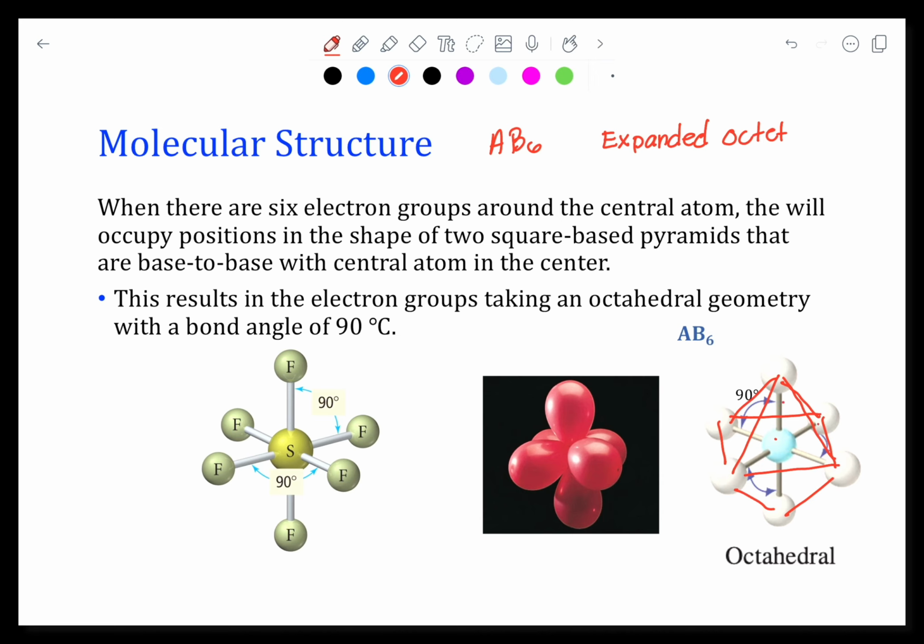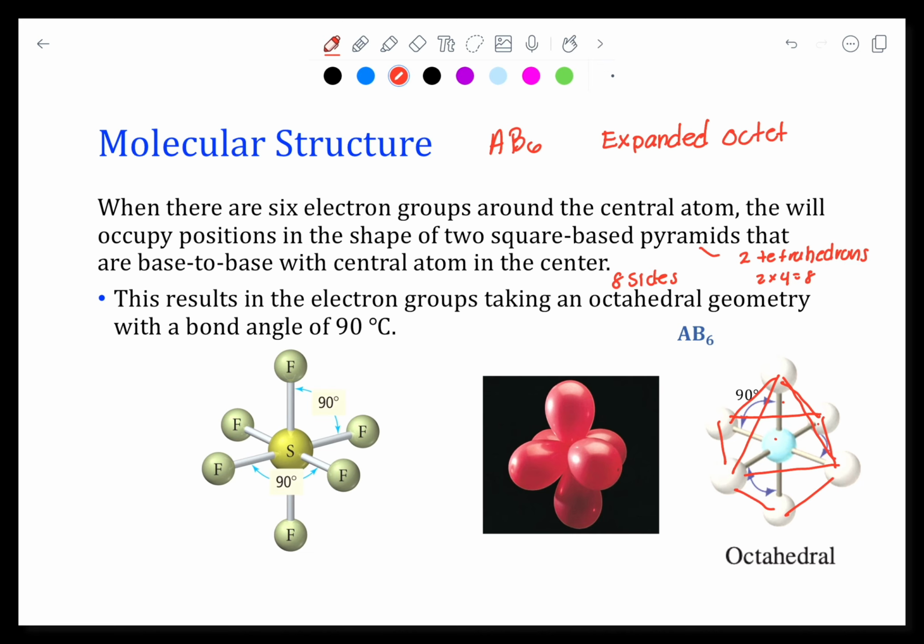So that would be 8 sides. Another way that some textbooks describe this is that there's 2 tetrahedrons put together. So 2 times 4 is 8 for octahedral. So our octahedral geometry has bond angles of only 90 degrees between adjacent bonds.